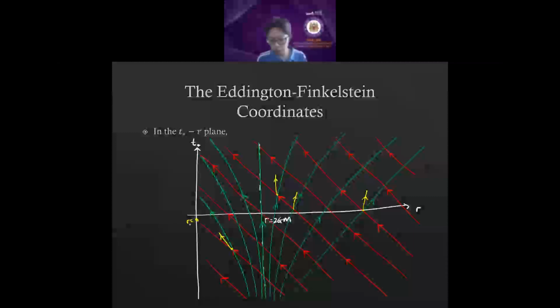By the way, I have not said anything about r equals 0. So this r equals 0 is a truly problematic point in this Schwarzschild space-time.